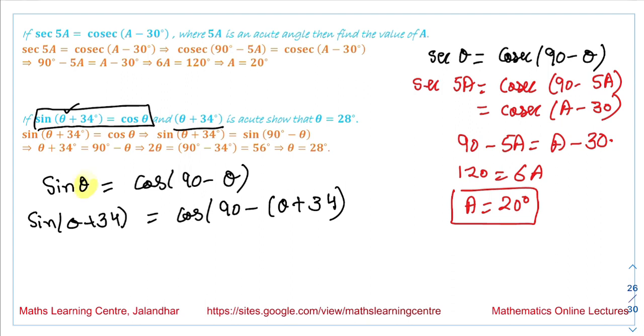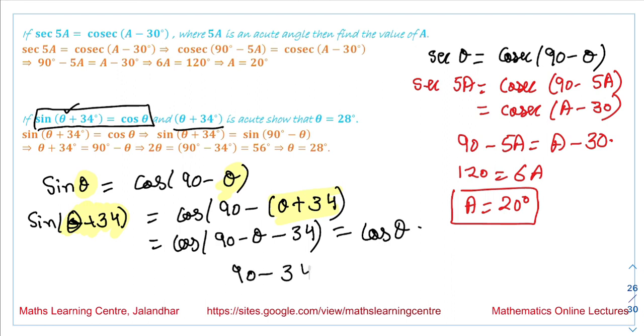So in place of theta, we have written theta plus 34, and this value will become cos of 90 minus theta minus 34. And this value is given to be equal to cos theta. So we get 90 minus 34 minus theta is equal to theta. So this gives us 2 theta is equal to 56, or theta is equal to 28.